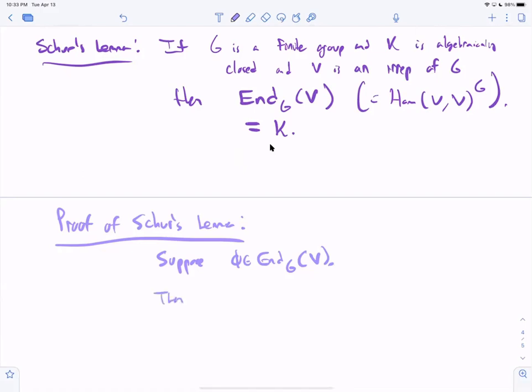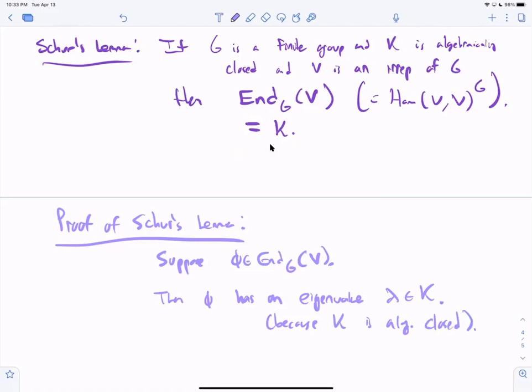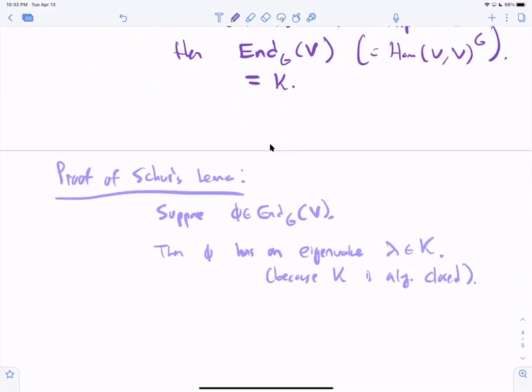Then phi has an eigenvalue lambda in K, because K is algebraically closed. If you look at the characteristic polynomial of phi, the determinant of phi minus lambda times the identity, that's a polynomial over an algebraically closed field, so it has a root. And that root is an eigenvalue by definition.